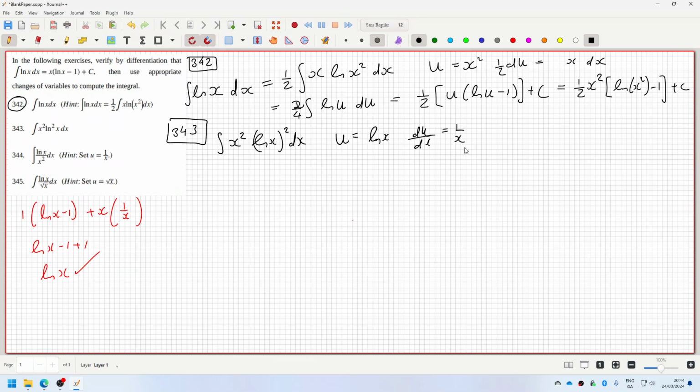No, not going to help. What about log x squared? So that means du dx equals 2 log x times 1 over x. No.